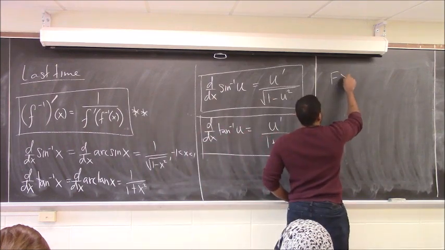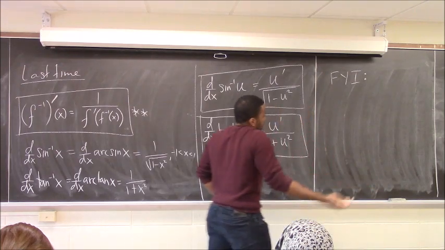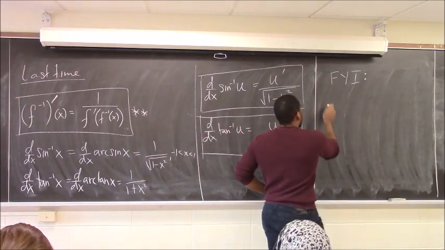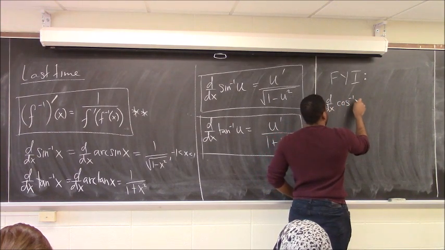FYI, we're not going to do this, and neither will you be responsible, but just in case or for your own edification, we can find the derivative of the other inverse trig functions.